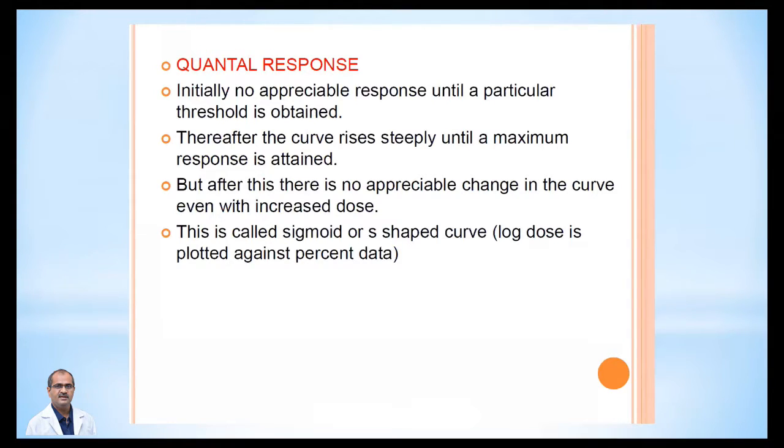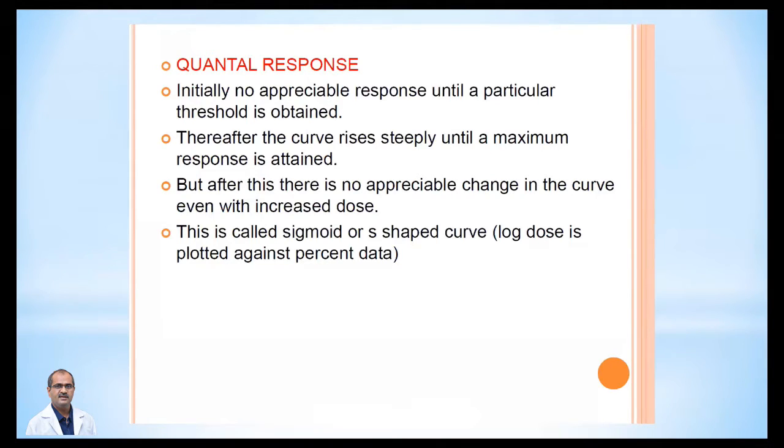Here the quantity matters. Thereafter the curve rises steeply until a maximum dose is attained. But after this, there is no appreciable change in the curve even with an increased dose. This is called the sigmoid or S-shaped curve.